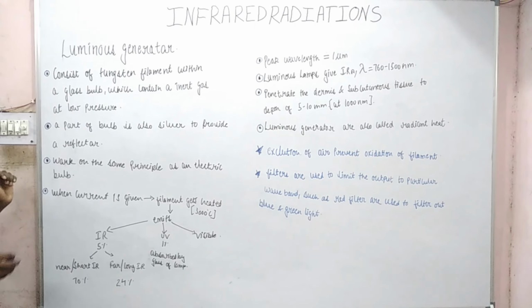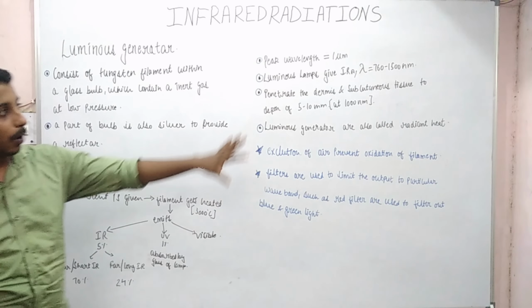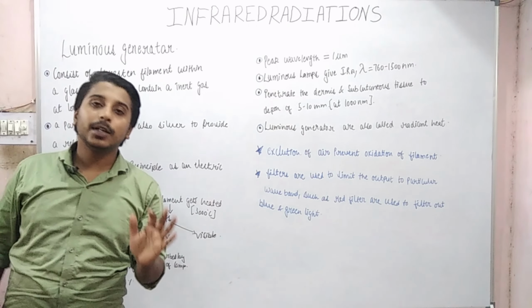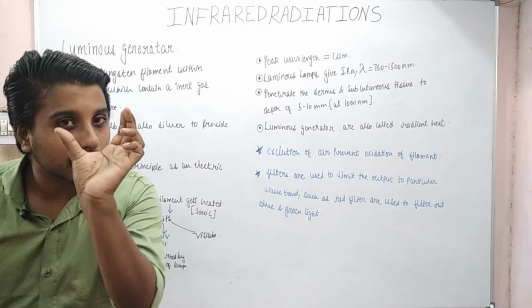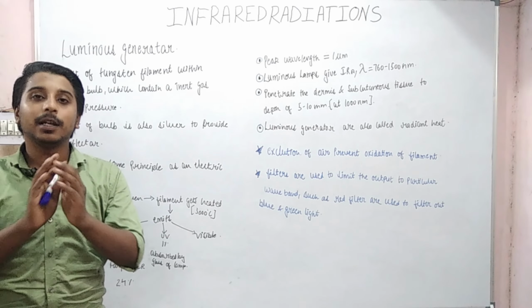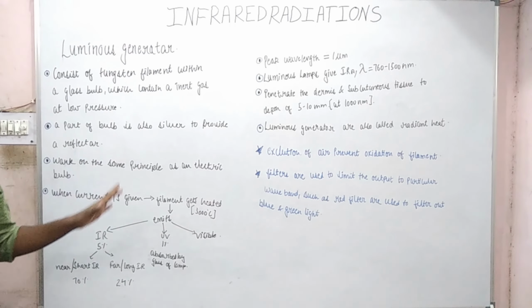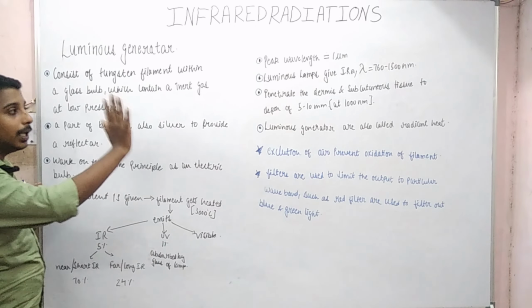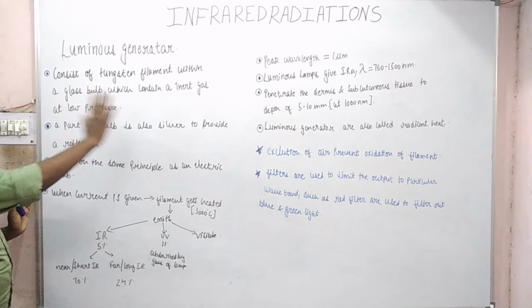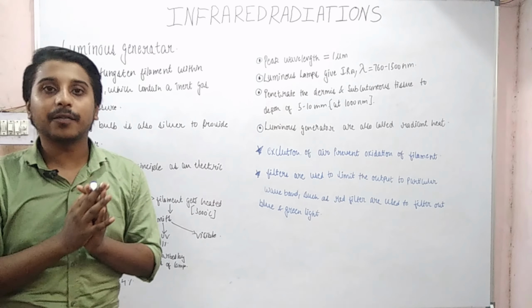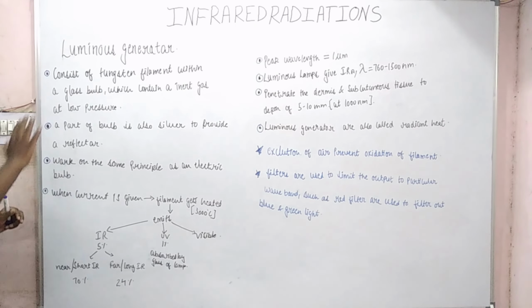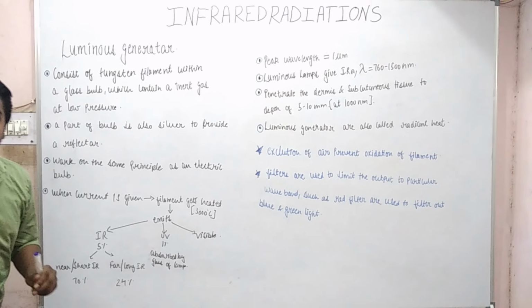In the luminous generator, first of all you need to read this whole part, and then I will give you a small diagram which will remind you of this theory about the luminous lamp. But before it, you need to read it, because reading makes us more perfect in the theory, and the values are remembered easily.